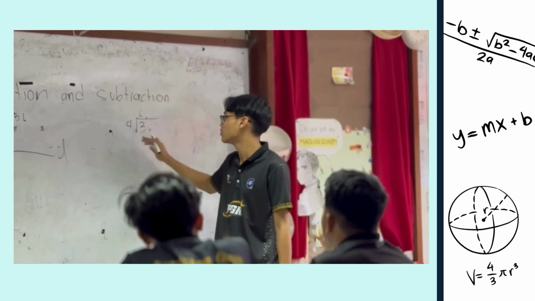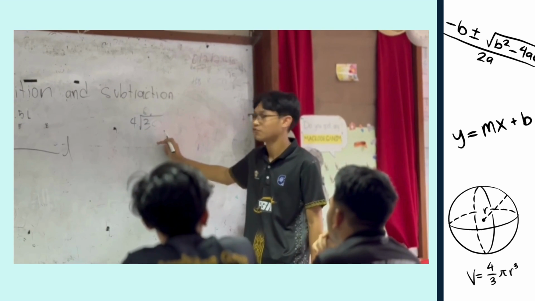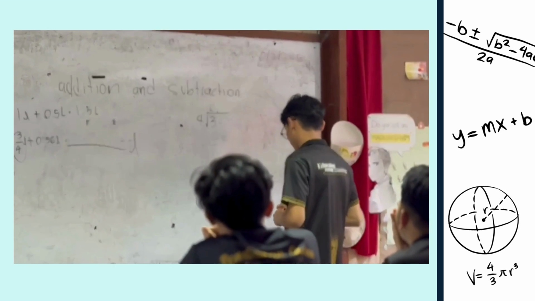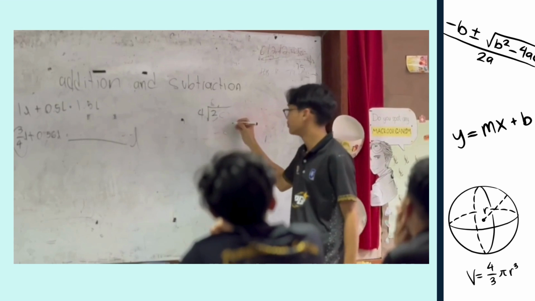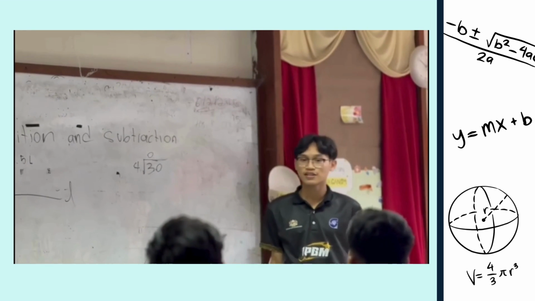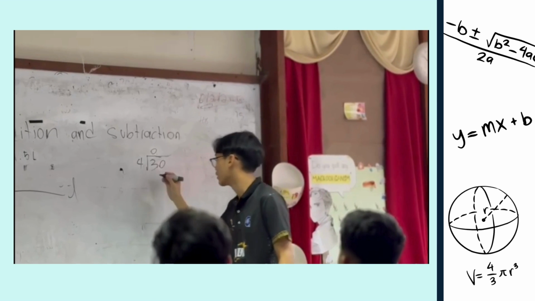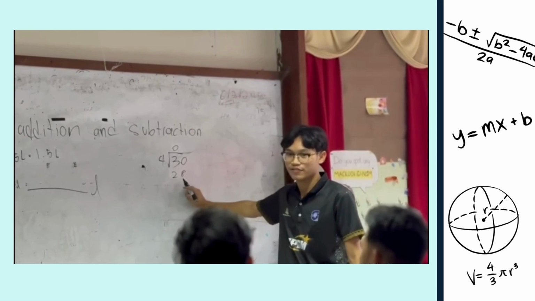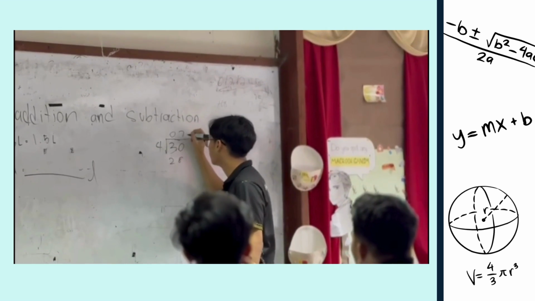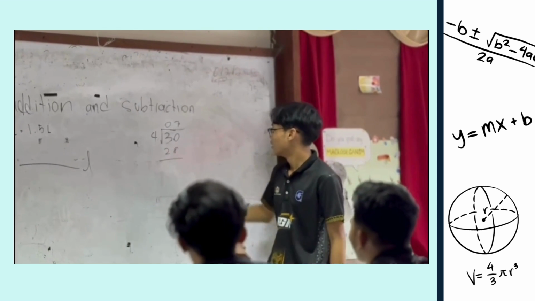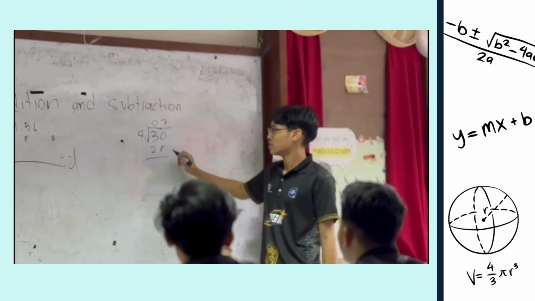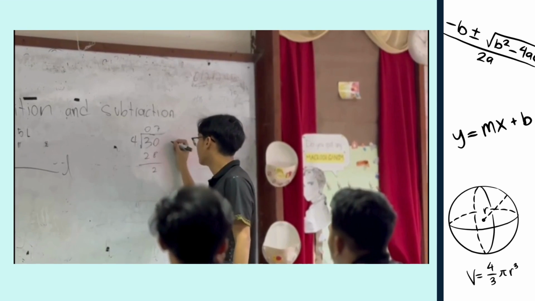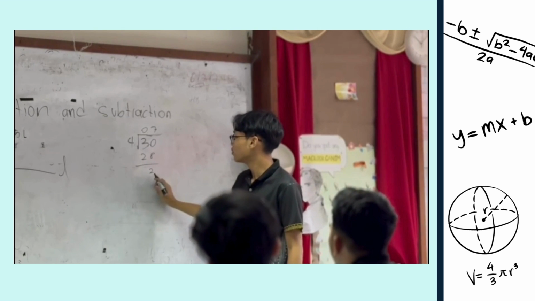What number is closest to 30? I think 28. Yes, the closest to 30 is 28. How much more do we need to get 28? 7. Good job. 30 minus 28 is 2. Can 2 be divided by 4?